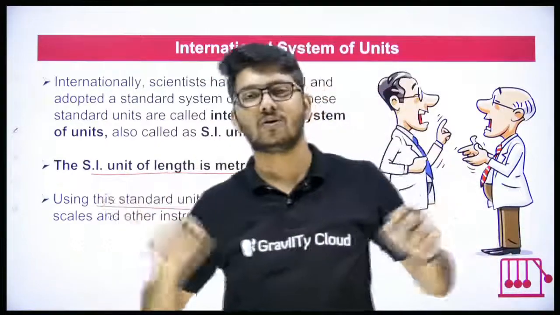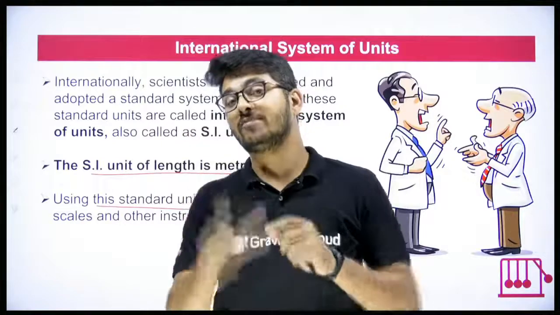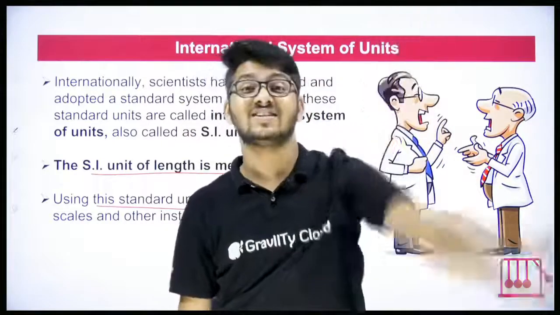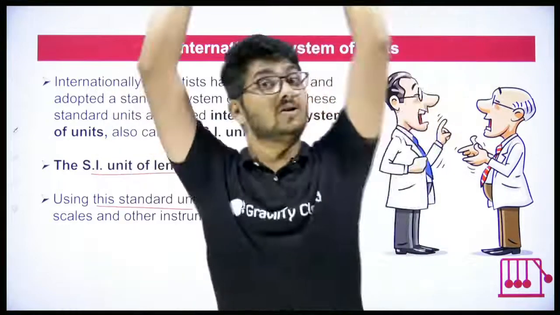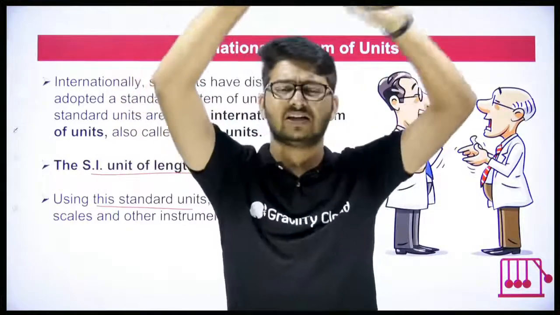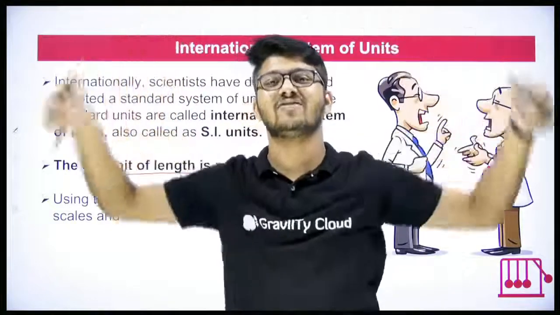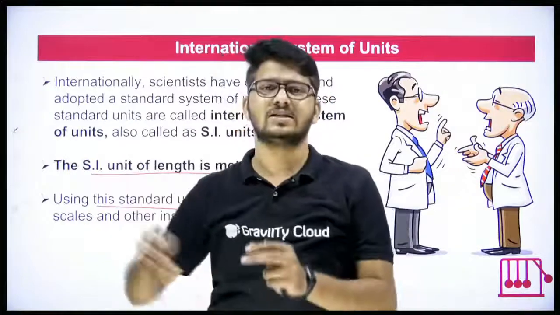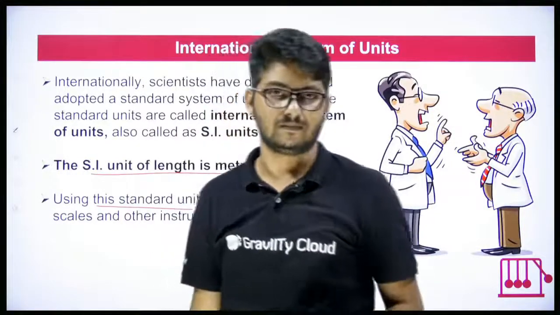Now, the scale that we use, ultimately, where does that length come from? From the International System of Units. So they defined it in 1900s, not long back, just a century ago. They defined it, and we have been using it from then on. Obviously, changes were made to that, but almost it is the same.